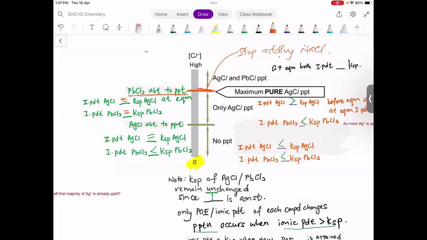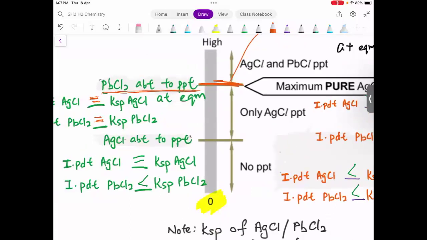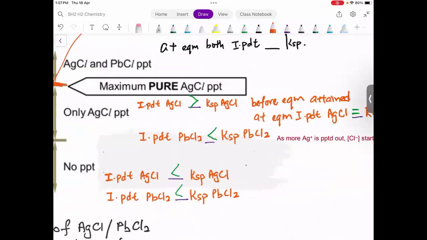At that moment, the ionic product of silver chloride must be equal to Ksp. The POE is fixed now. That means it has already responded to the disturbance. So when I say at equilibrium here, it's a new position of equilibrium. It's different from at equilibrium here.